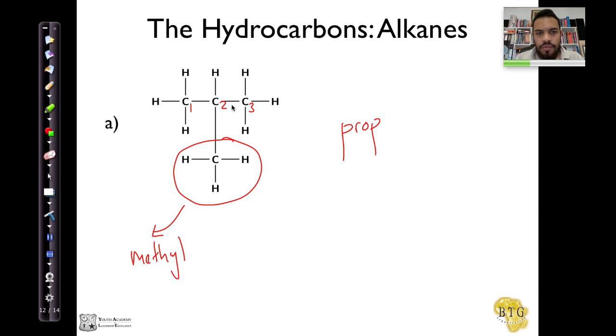So this is prop, and it's a hydrocarbon of the alkane family, so it's propane. And here's a methyl molecule appended to it, so we need to put methyl in front of it. And then we also need to say where that methyl is. That methyl is on the second carbon, so it's 2-methyl propane. That's the name. 2-methyl propane.